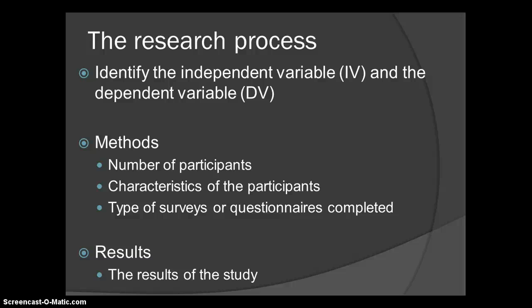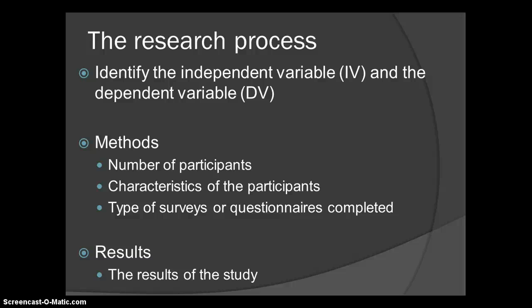That's what I mean by characteristics. What type of surveys or questionnaires are we going to be completing? If we're interested in cell phone use and driving abilities, how are we going to identify what is a good driving ability? Is it how many stop signs they stop at, their speed limit following, etc.?